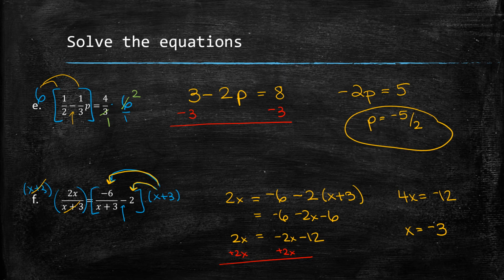Okay. We have to go back and look at the original, so I'm going to erase some of my writing here. The original question has this x plus 3 in the denominator. So I know that the domain of this expression, considering either side separately, x cannot equal negative 3 because I can't divide by 0.